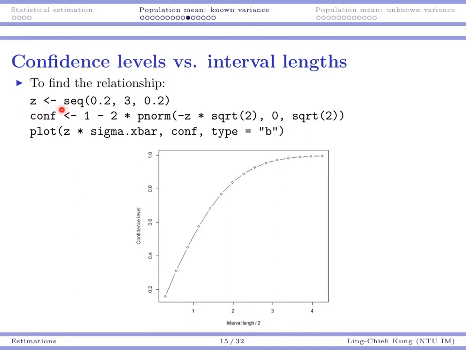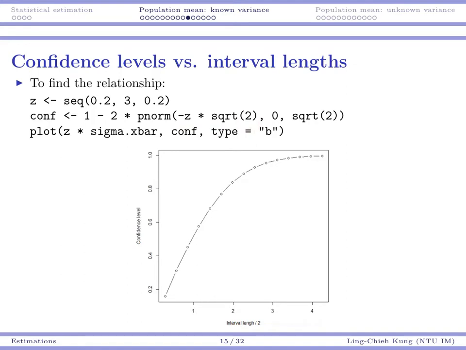So first set up a vector z from 0.2 to 3 with 0.2 as its interval length. So this is a vector with a few numbers, and then I want to do this calculation.